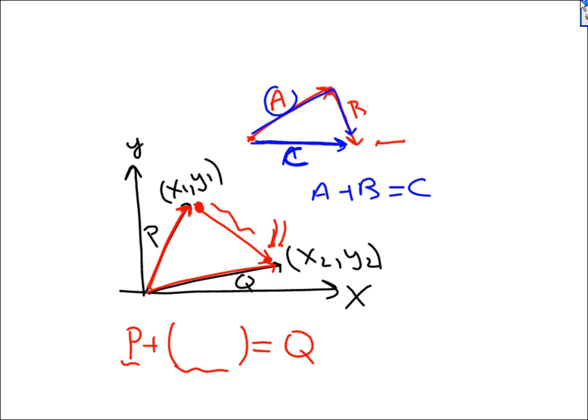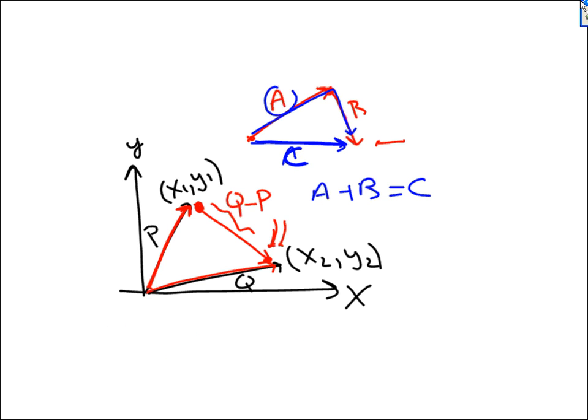Well, what do you add to P to get Q? You need to think 0. Because you should know how to get to 0: just take away P. And now that you're at 0, you should know how to get Q: just add Q. This unknown vector is Q minus P. And that is the vector we're looking for.